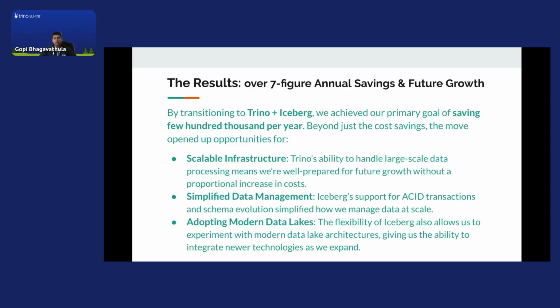And simplified data management. Iceberg's support for ACID transactions and schema evolution simplified how we manage data at scale. Adopting modern data lakes. The flexibility of Iceberg allows us to experiment with modern data lake architectures, giving us the ability to integrate newer technologies as we expect.